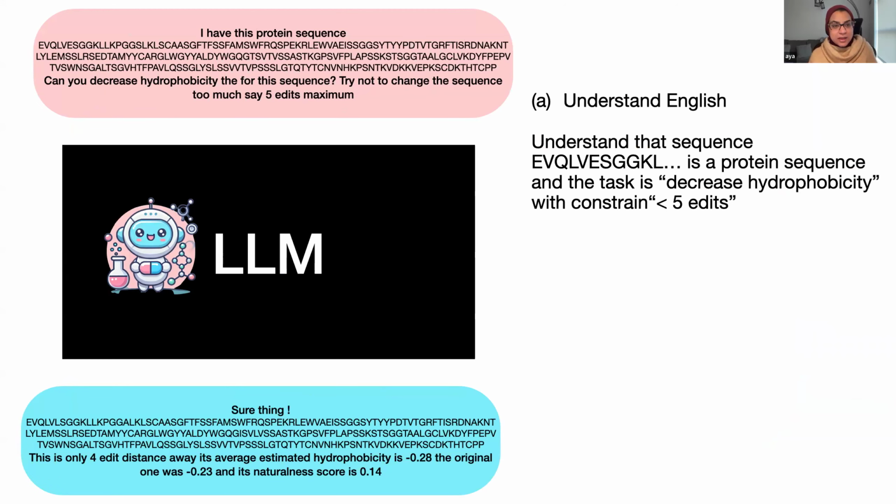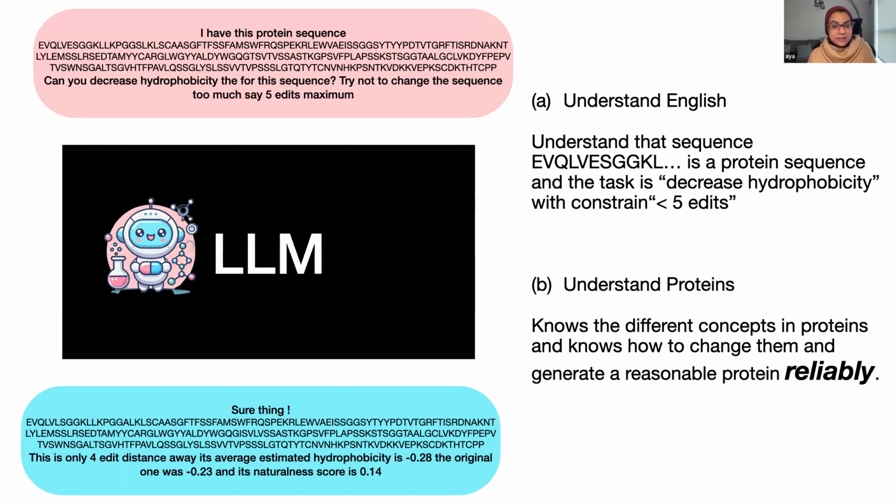Well, we first need a model that understands English. For example, when I say I have the sequence and I want to decrease the hydrophobicity by 5 edits, it knows that the task is to decrease the hydrophobicity and the constraint is 5 edits. The second thing is that the model this agent calls needs to understand proteins.